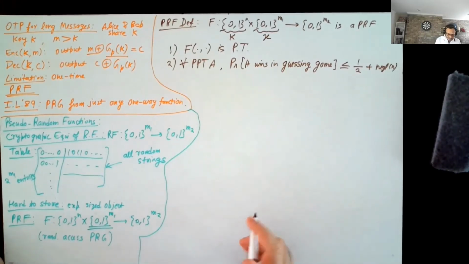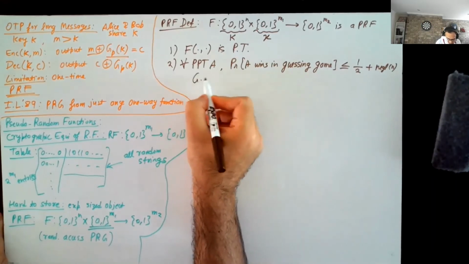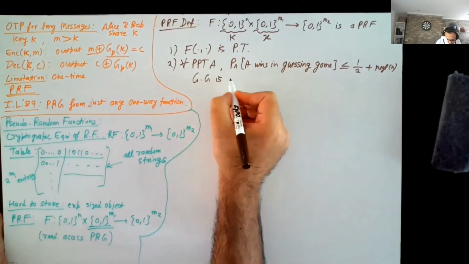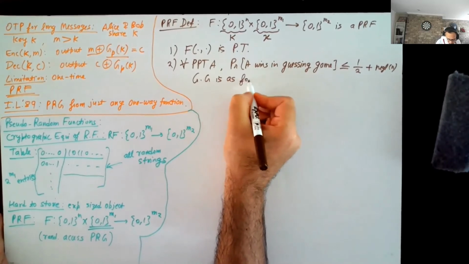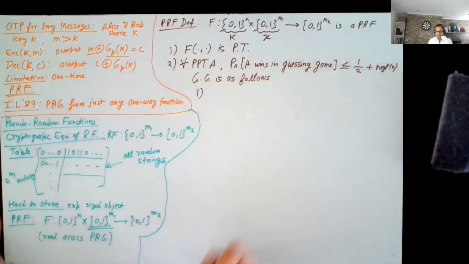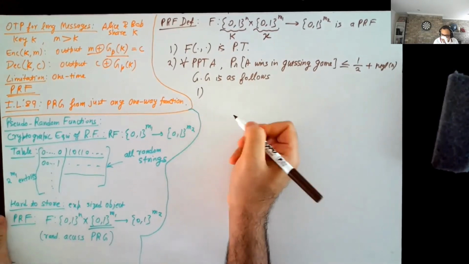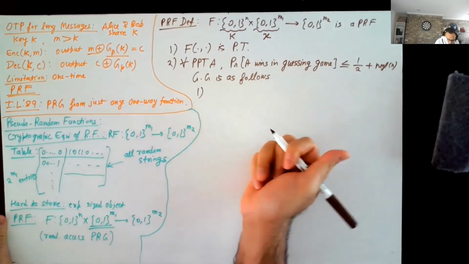So the guessing game is defined as follows. Step 1, there is an adversary and then there's a challenger. Okay. And we will see how that makes sense.